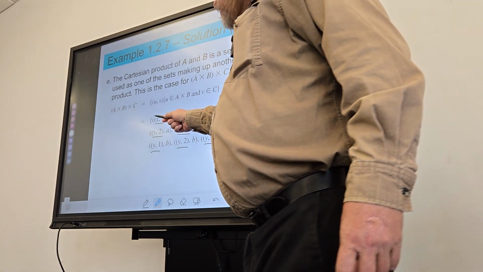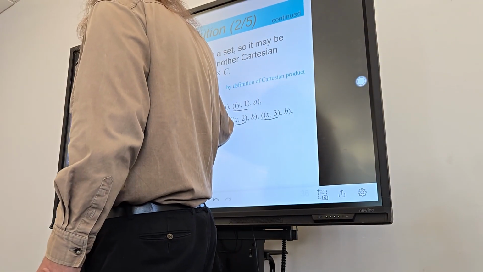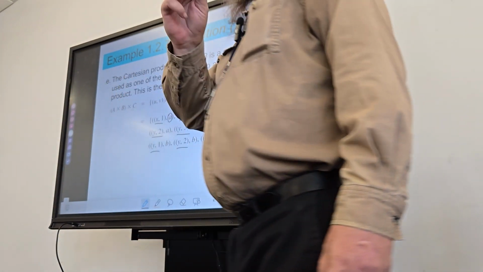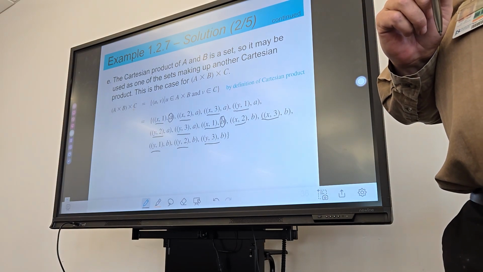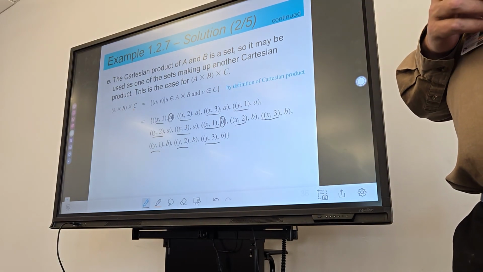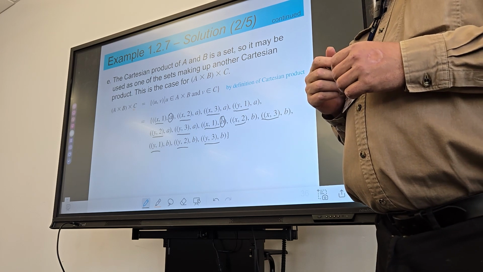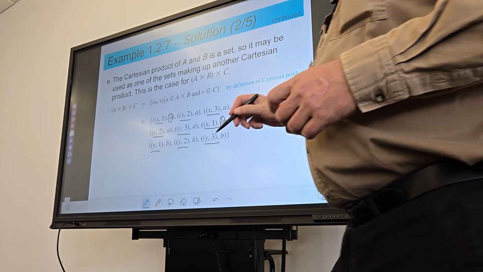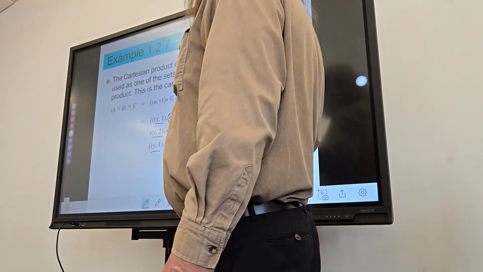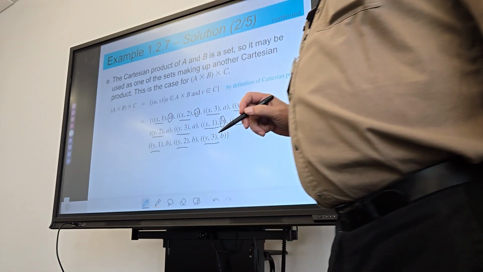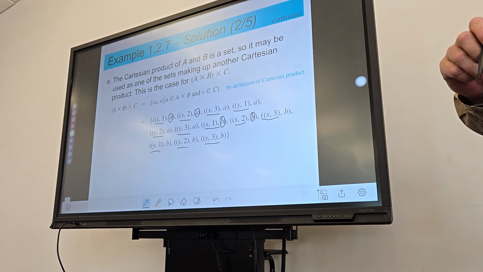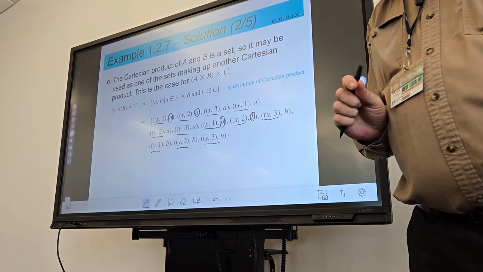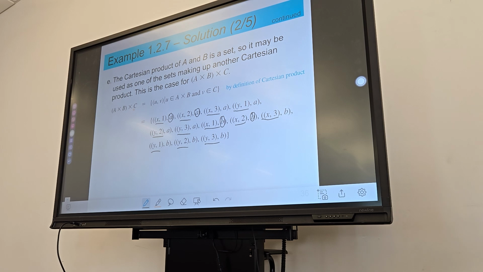Because this x comma 1 is associated with A, this x comma 1 is associated with B, different elements in C. So it is duplicated in a different ordered pair. So likewise, x2 comma A and x2 comma B, they are different ordered pairs. Nesting of ordered pairs is allowed.